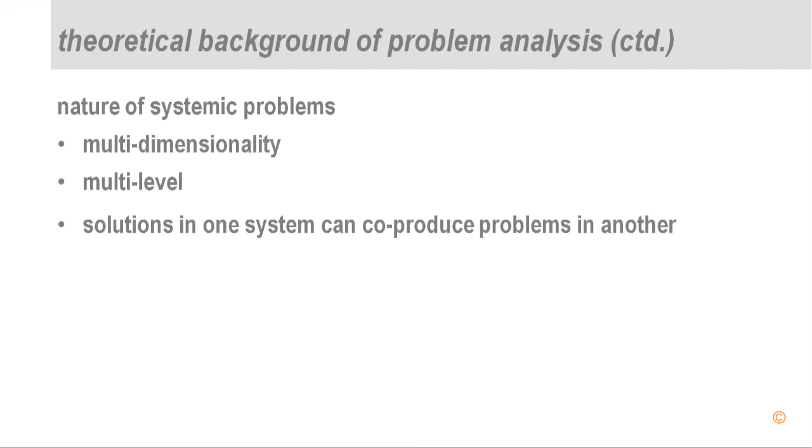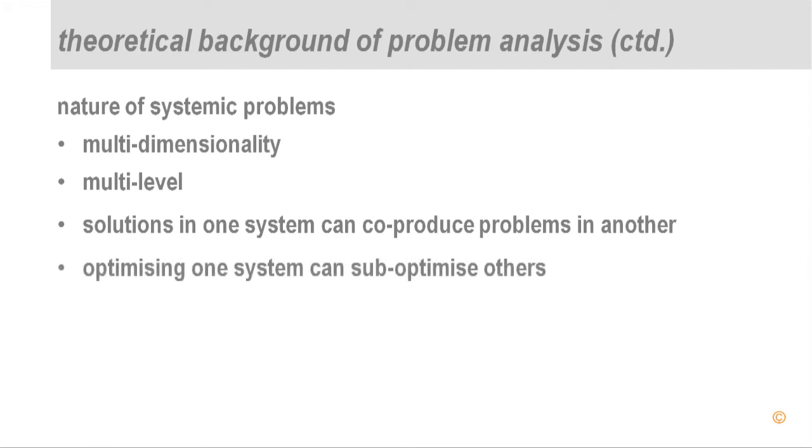Another source of systemic problems is optimization. In Module 1, we learned that if we optimize a part, we can sub-optimize the whole. And we gave the example that if we either overshoot on the side of customization or standardization, the organization as a whole will suffer. We need to optimize the system at the level of the organization and create a balance between its different functions, the marketing and the operations function, for example, in order to avoid problems for the organization.